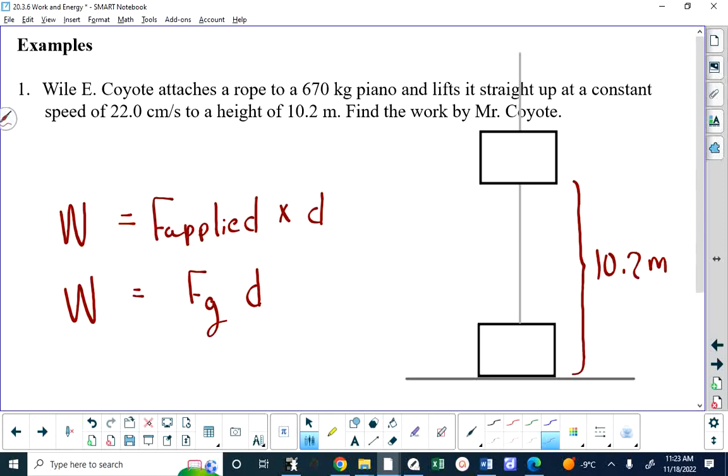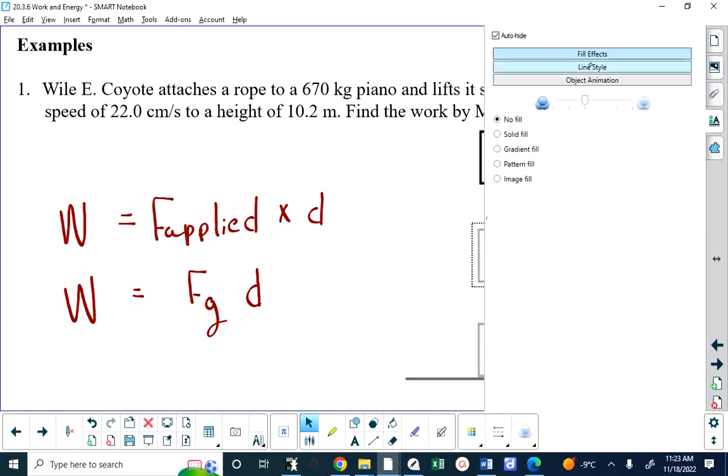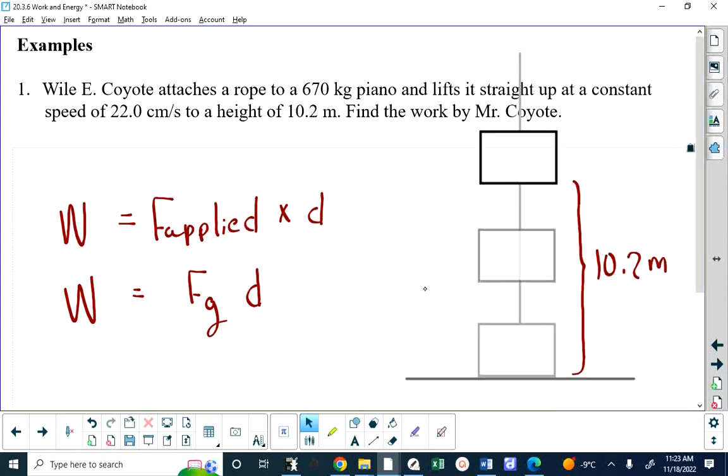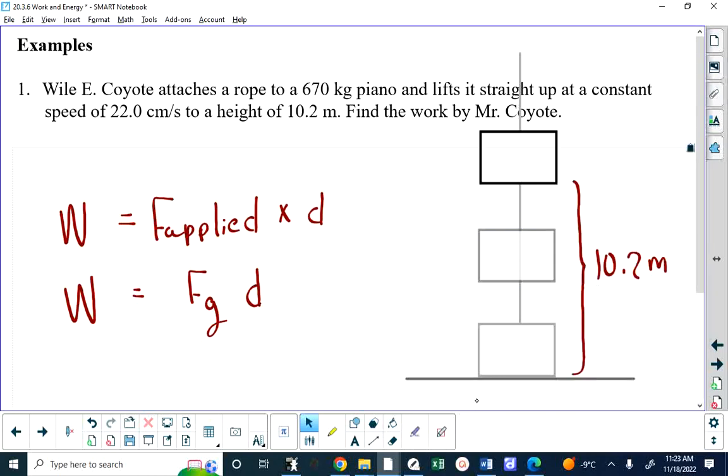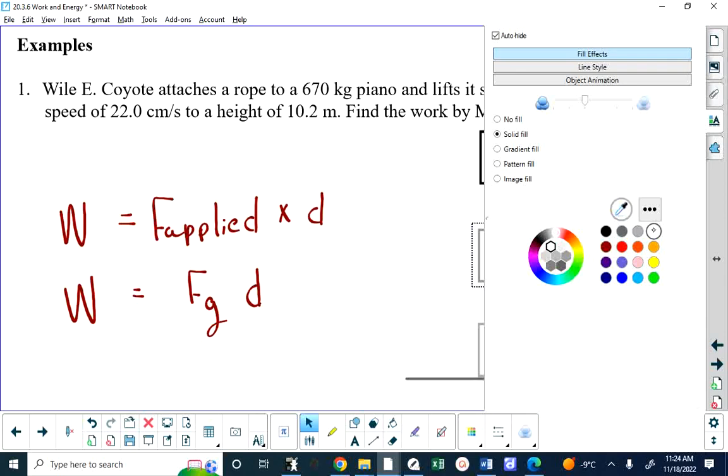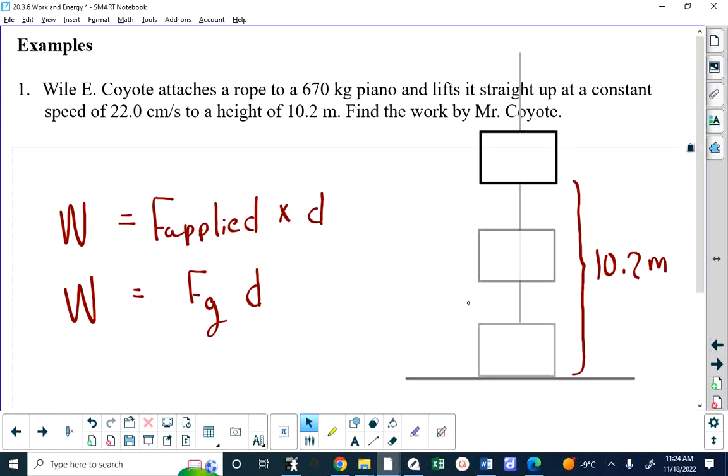So as this thing is moving up to a higher and higher position, we go back to the previous unit and we say that since it's moving at a constant speed, the force due to gravity is equal in magnitude to the applied force.